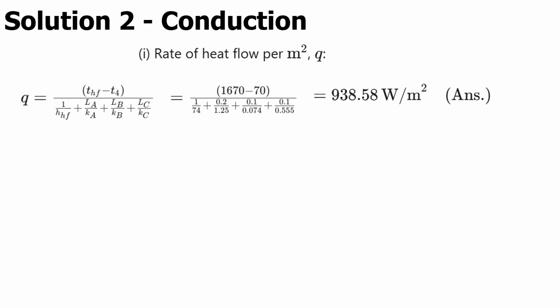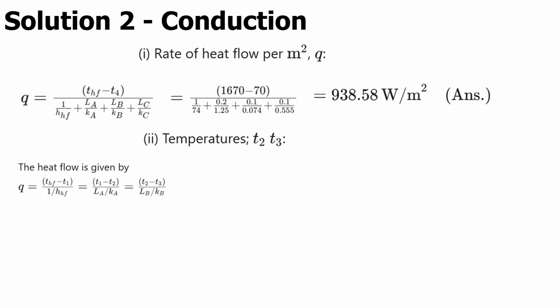Next, we need to find the temperatures at the interfaces, specifically T1, T2, and T3. Now, we can use the principle that the heat flow Q is constant through each section of the wall. So Q is equal to the temperature difference across the section divided by its corresponding thermal resistance.